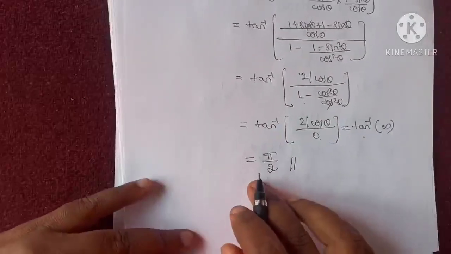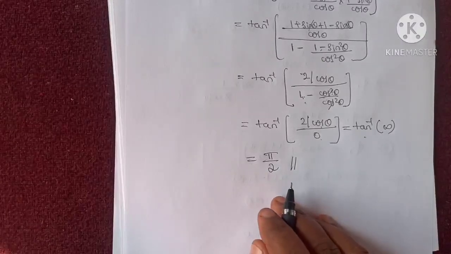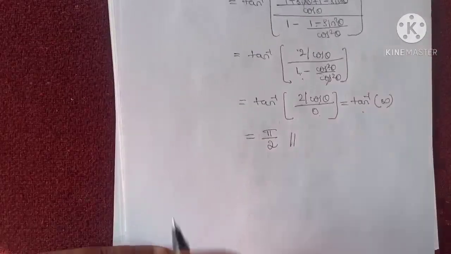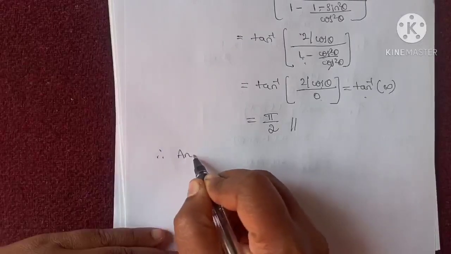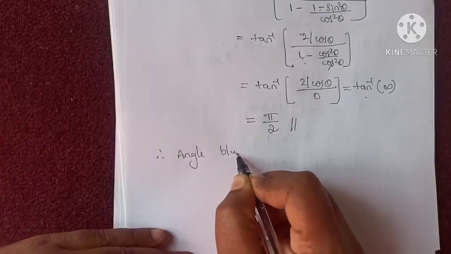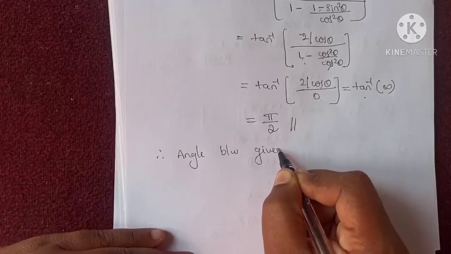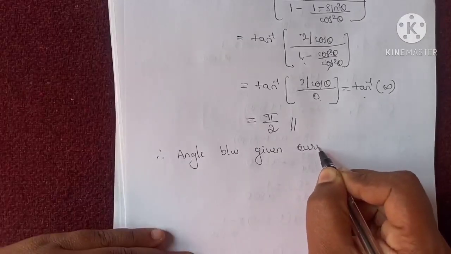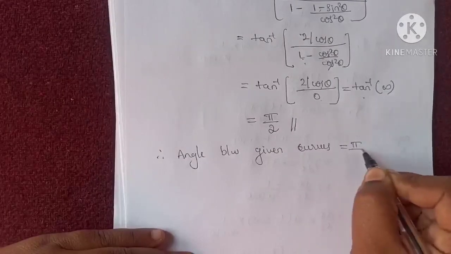Thus the angle between the two curves is pi by 2. Therefore the angle between the given curves is pi by 2.